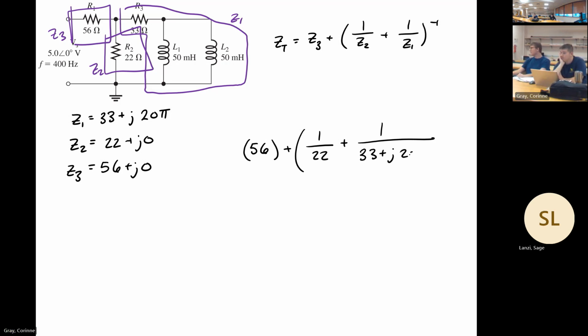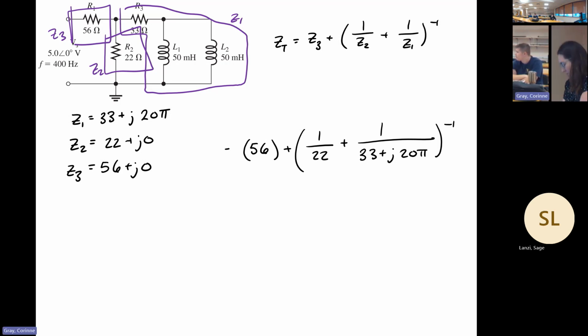How do you add it when they're in different forms? You'd have to get a common form. You can make them common if you want to, but if you do, you'll have a division that you need to do in polar.